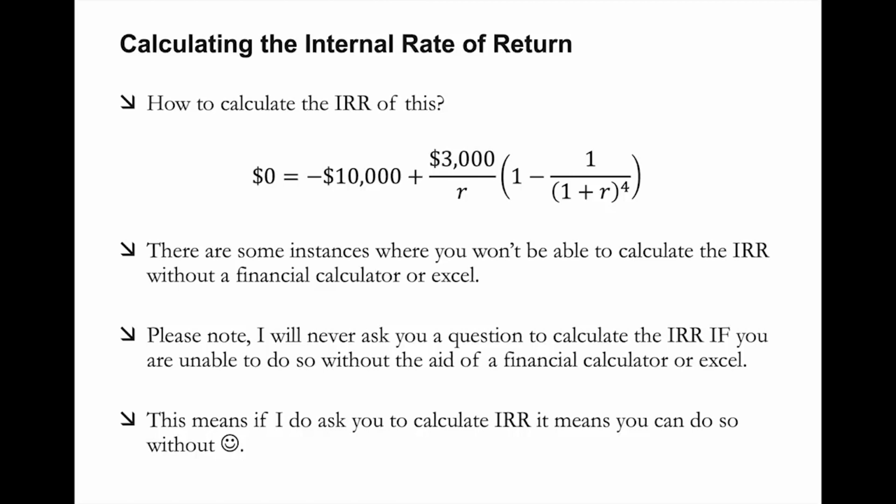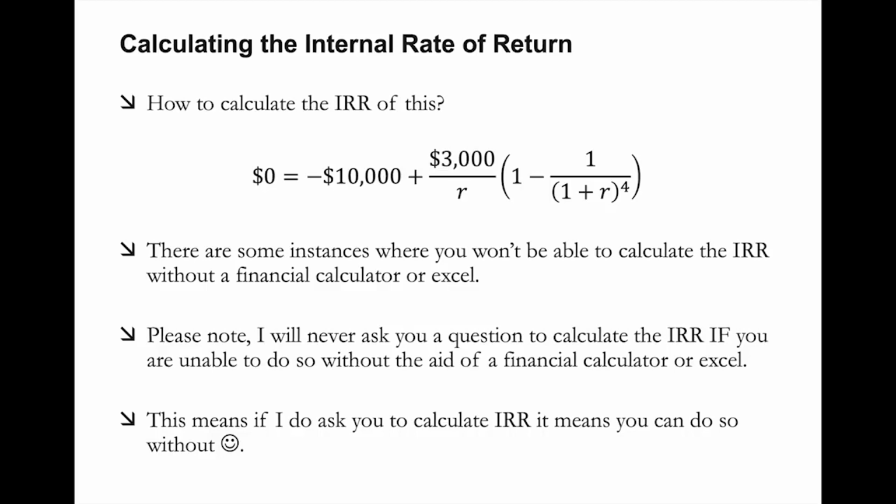But never fear, I'm not going to ask you a question like this. I'm not going to ask you to calculate the internal rate of return if it requires you to use a financial calculator, Excel or something like that.